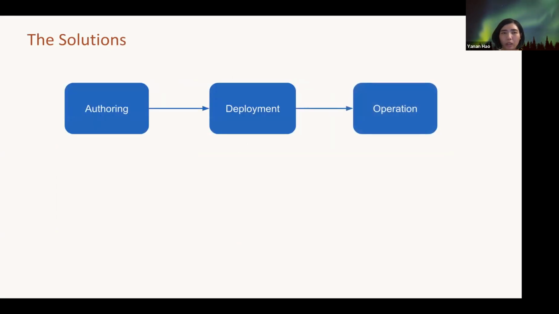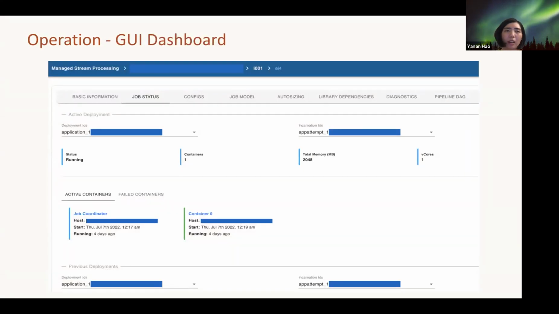After the job is deployed, we want to know how to operate the job. Firstly, after a job is successfully deployed, users can go to a GUI dashboard to check out the job status, go through the basic information of it, check out the applied configs, and they can even check out the logs on the GUI dashboard.